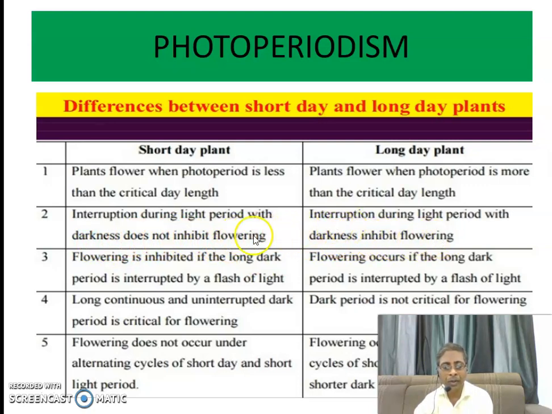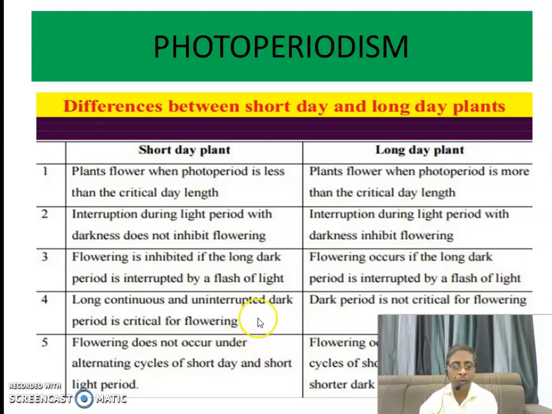These are the basic differences between short day and long day plants. Another difference: in short day plants, flowering is inhibited if the long dark period is interrupted by a flash of light, while in long day plants, flowering occurs if the long dark period is interrupted by a flash of light.